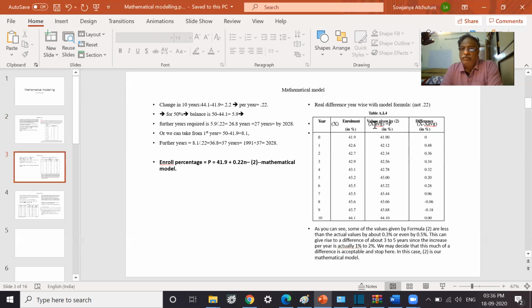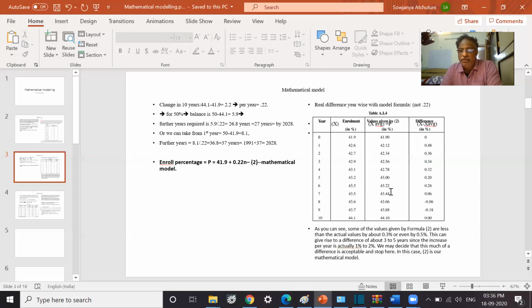If I apply this formula onto this data, 41.9 plus 0.22 into 1 is 42.12, 41.9 plus 0.22 into 2 is 42.34, into 3 is 42.56, like that. But in the end it is equal, 44.1, 44.1.